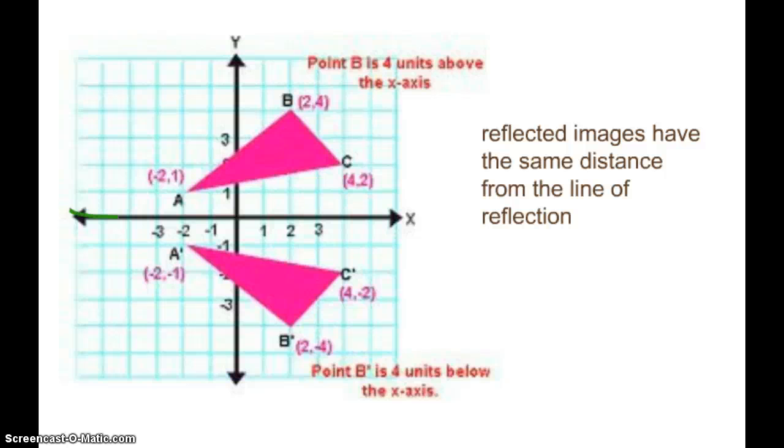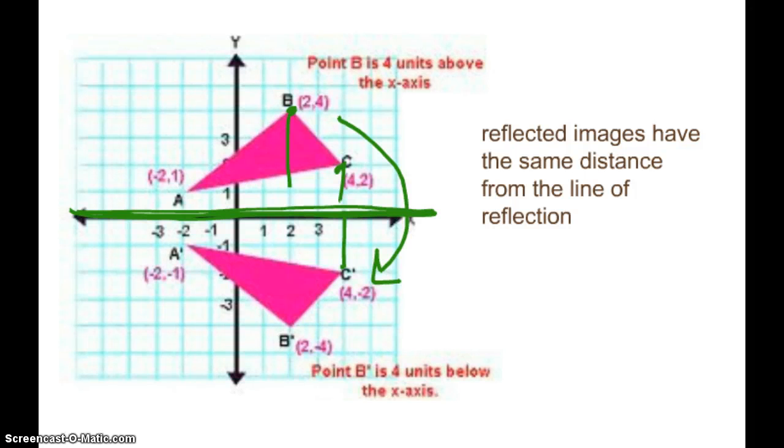This triangle, the top triangle, is reflected across the x-axis. Basically, you took it and flipped it over the x-axis. Point C is 2 units from the x-axis, so point C prime is also 2 units from the x-axis. Point B is 4 units from the x-axis, and B prime is also 4 units.